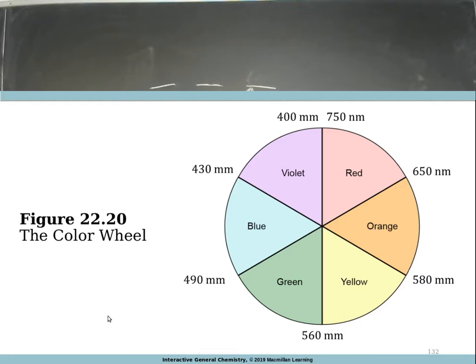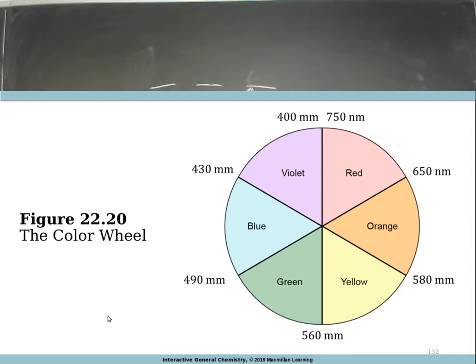And so if I see a compound and it is a bright blue, then what that actually means is that the crystal field splitting energy is going to correspond to light of 600 to 500 nanometers, or about 600 nanometers of wavelength. You'll notice that's on the opposite side of blue.